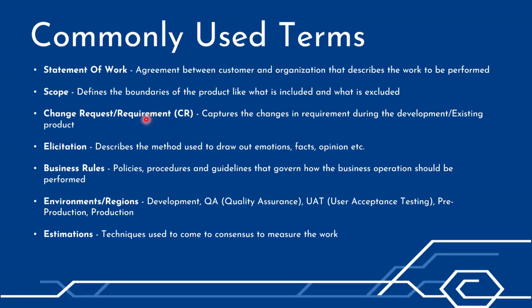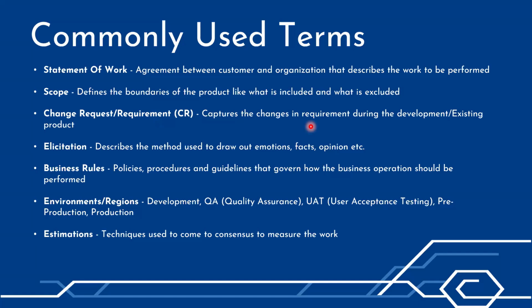Change requirement basically means you have started the work, and once you have started, the client comes in and asks for a change in requirement. Let's say you created a requirement document and you are done with it. Now the developer is doing coding, and the customer comes and says, I want more changes in the requirement.